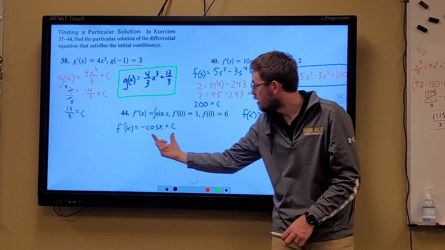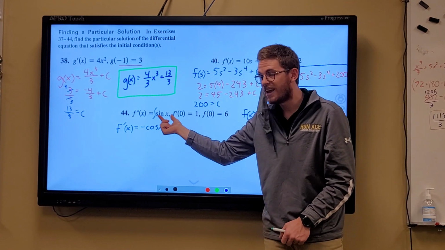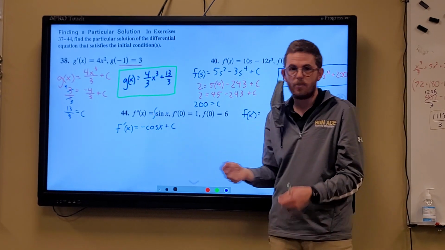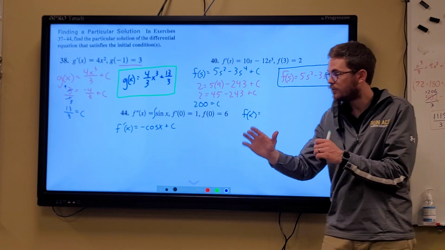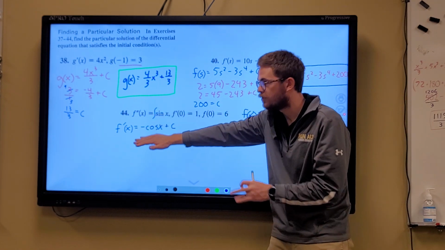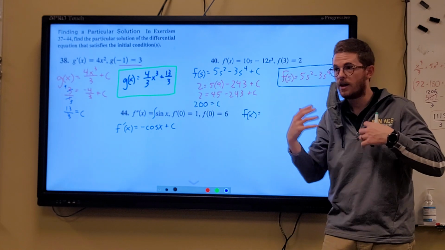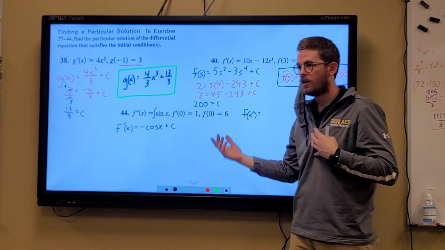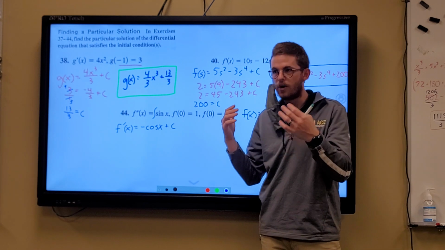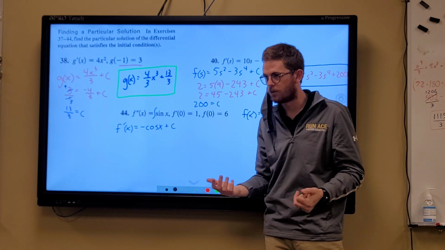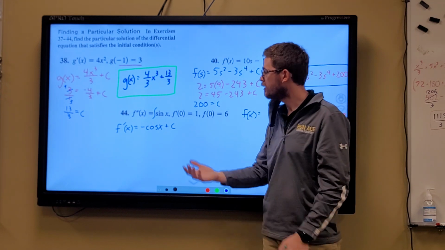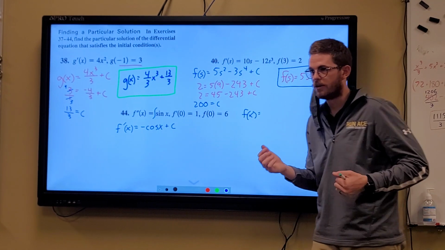Because think, the derivative of cosine is a negative sine, the derivative of negative cosine would give us that positive sine. I'm constantly checking myself by doing a quick derivative to make sure it's going to go back. Because I've taught this class for the fourth or fifth time, and I'm still way more confident with derivatives than integrals. So I want to rely on my derivative abilities to help me out and double check myself.